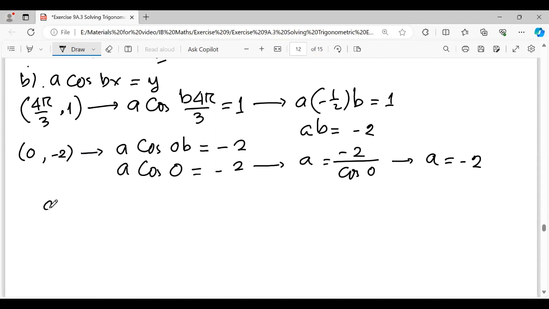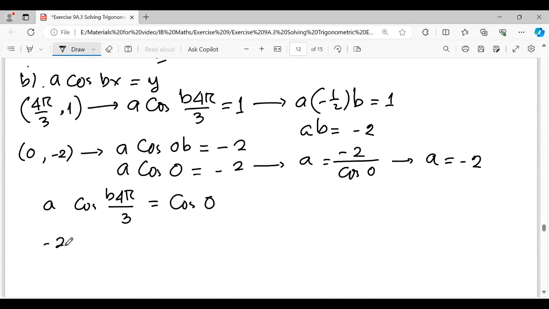Now, a cosine b times 4 pi over 3 equals, cosine 0 is 1. A equals -2.